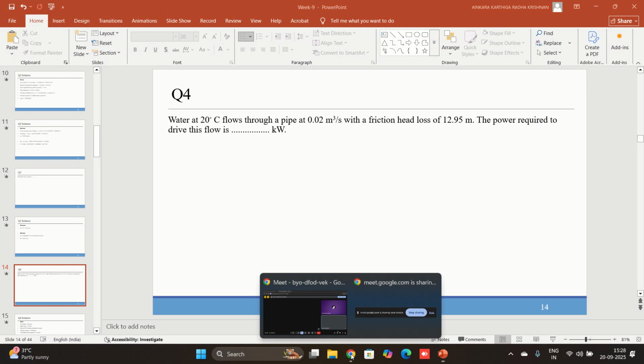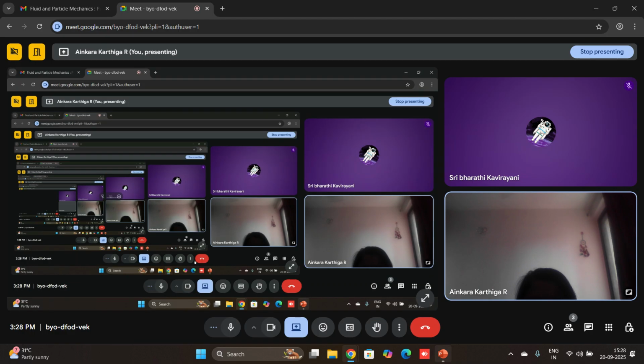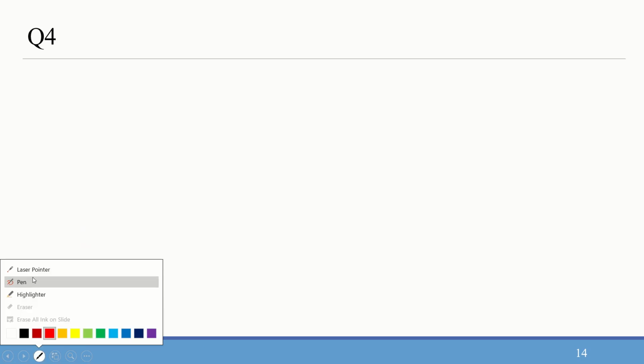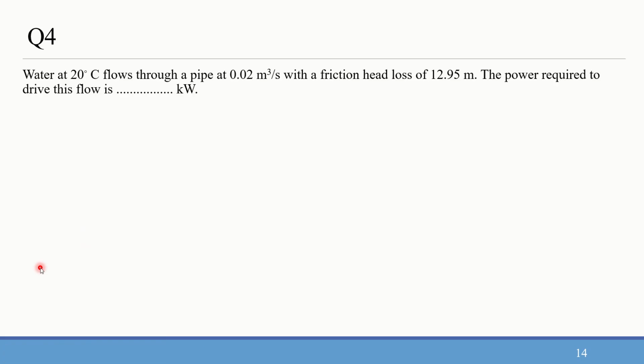So actually, water at 20 degrees Celsius flows through a pipe at a flow rate of 0.02 meter cube per second and it is having a friction head loss of 12.95 meter HF, and we are asked to find the power required to drive this flow and we are asked to find the answer in kilowatts.